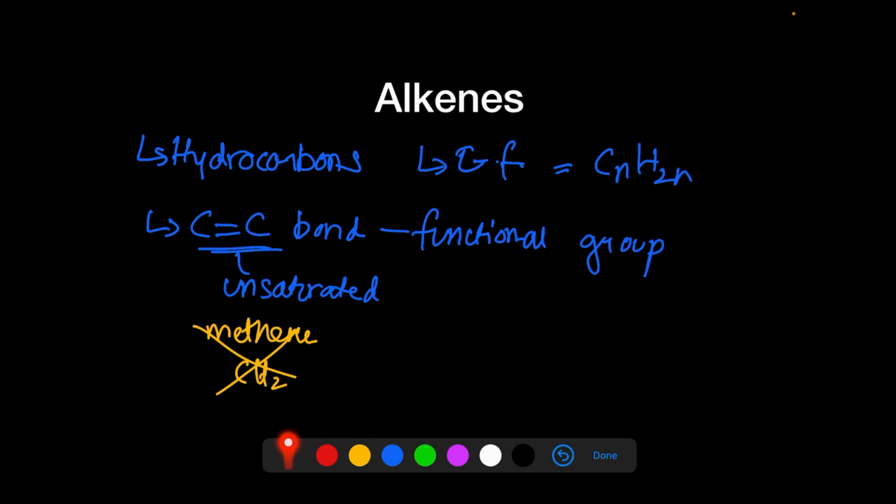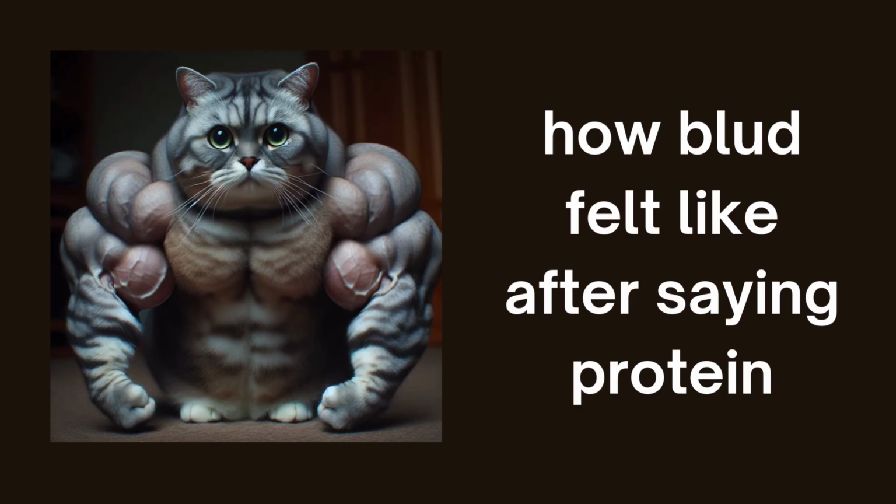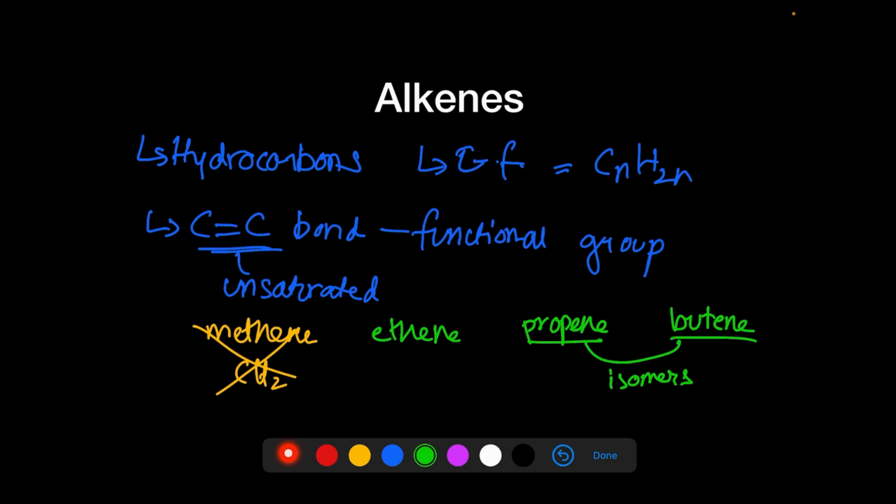So we have ethene, propene, butene. We'll come to propene and butene since they have isomers. My bad.